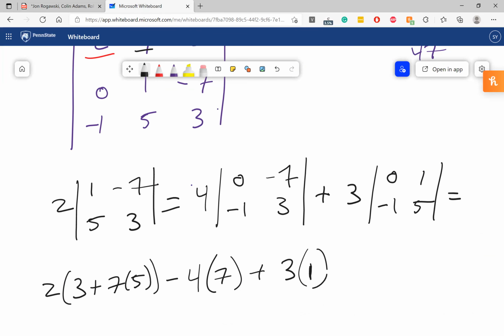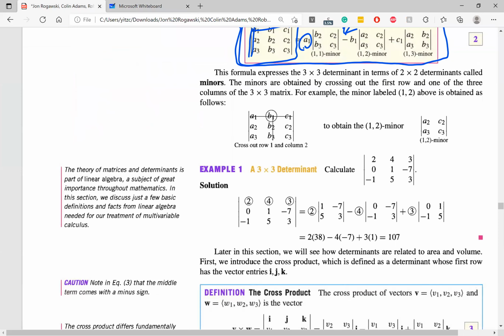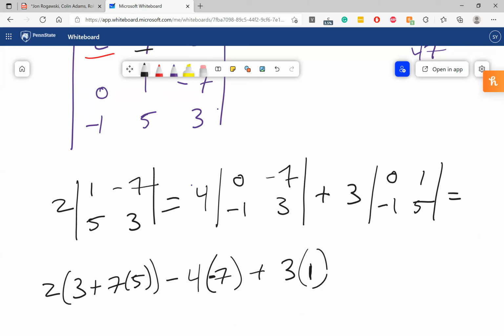Right, okay, I agree. So 3, negative, negative, and 2 times 38. Sounds good, okay? Any questions?